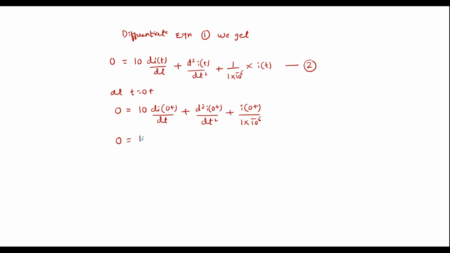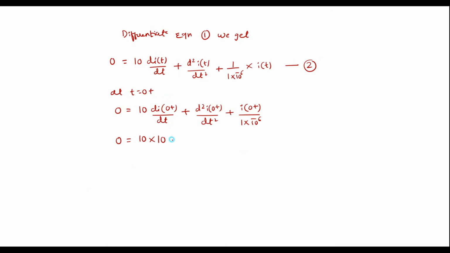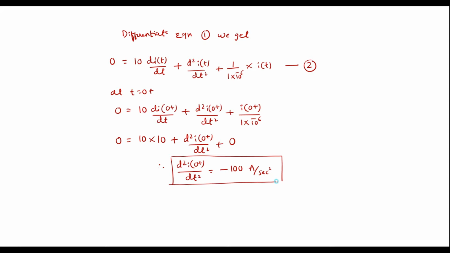We already found di of 0 plus by dt, which is 10, so this is 10 times 10, plus d square i of 0 plus by dt square, plus i of 0 plus, which is 0, so this entire term is 0. Therefore d square i of 0 plus by dt square is equal to minus 100 ampere per second square. This is the second derivative of current i of t.